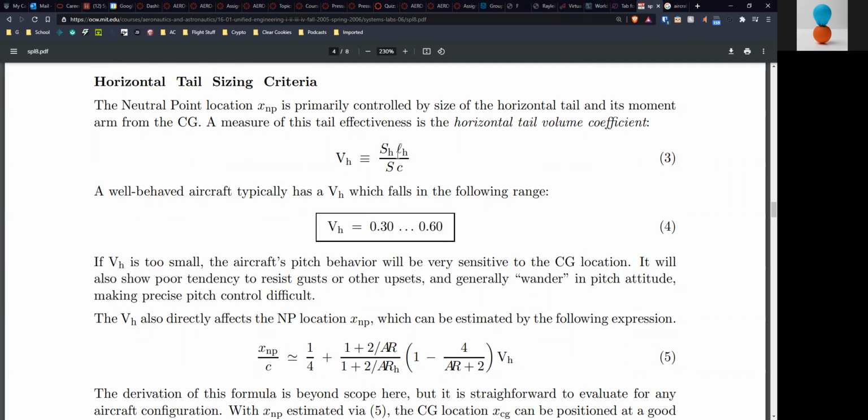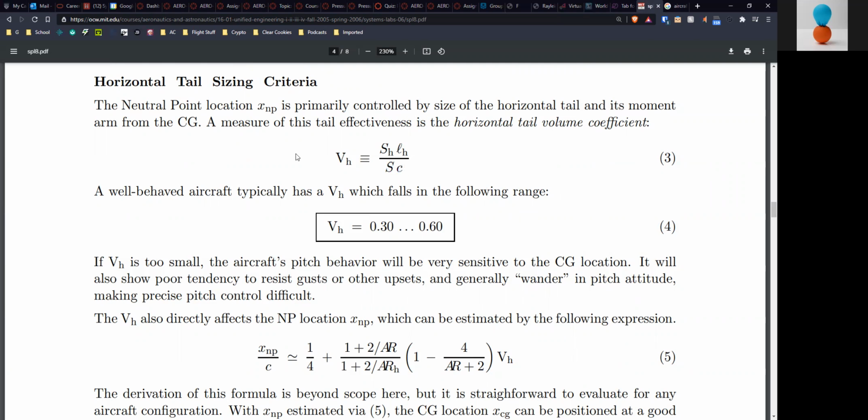If you wanted to apply the whole lift force from that surface at one point, it would be the aerodynamic center. So this is the arm for that force. And then it's divided by the area of the wing, that's this S, and the chord of the wing, that's C.